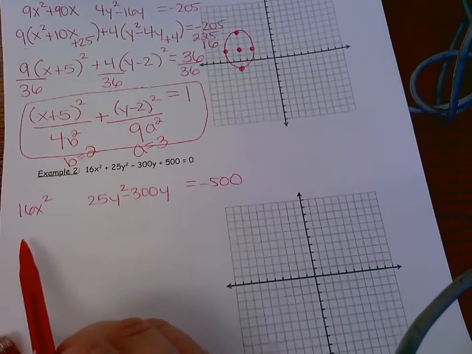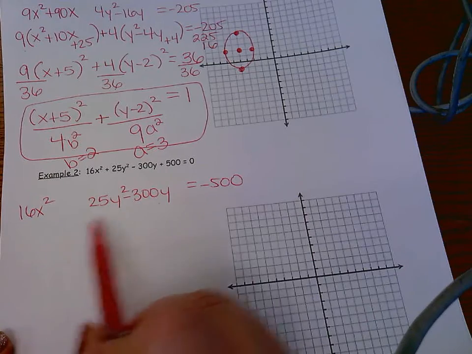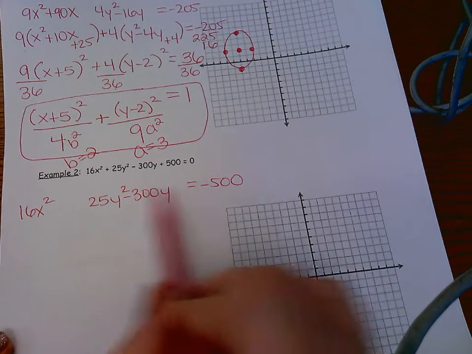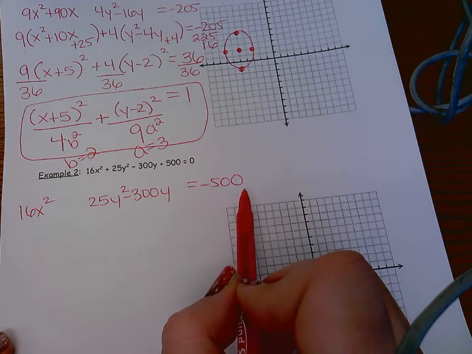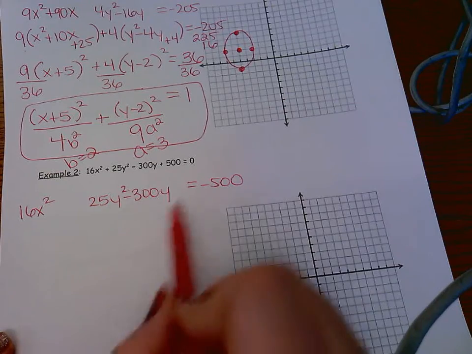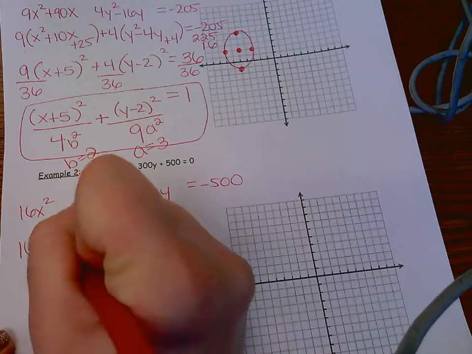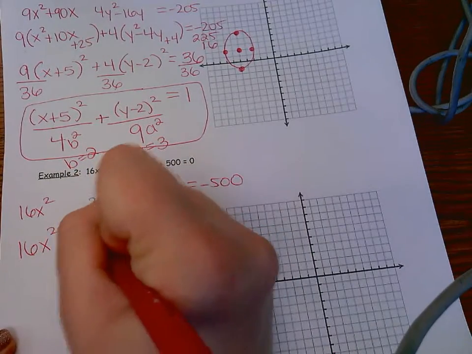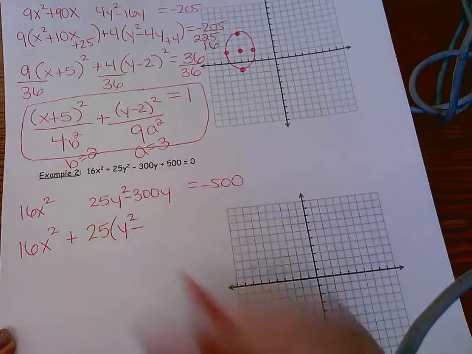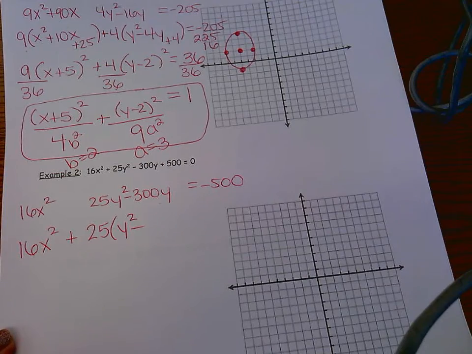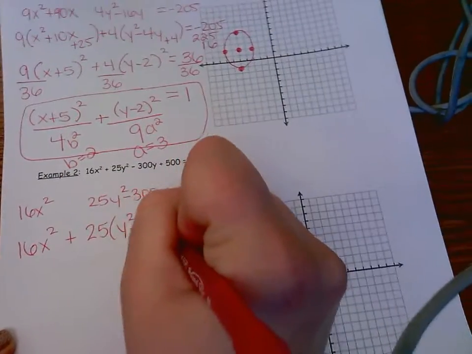So we've got 16x squared, we've got our y terms, and we moved that to the other side. So here, I don't need to do anything to 16x squared, first of all. This I need to factor out 25. So I have y squared, 300 divided by 25 is 12. So minus 12y.